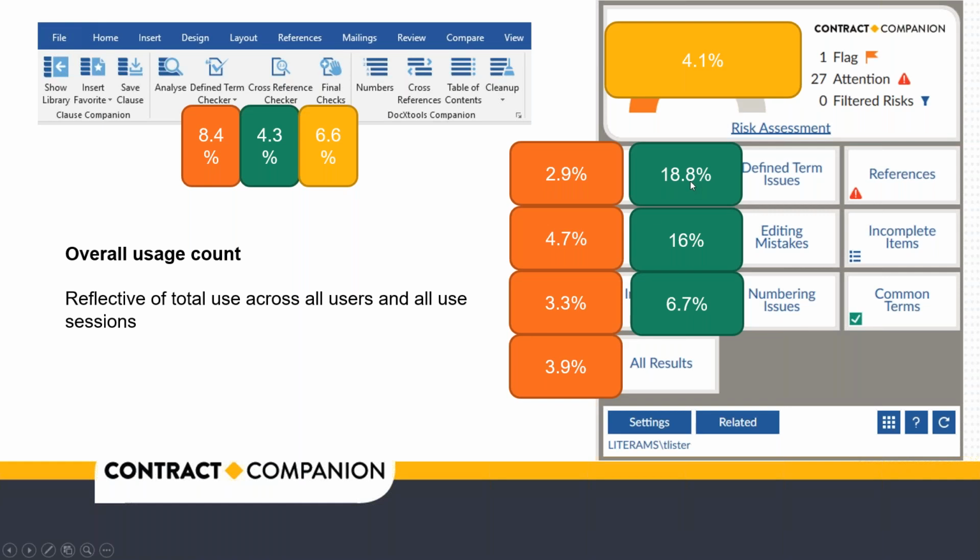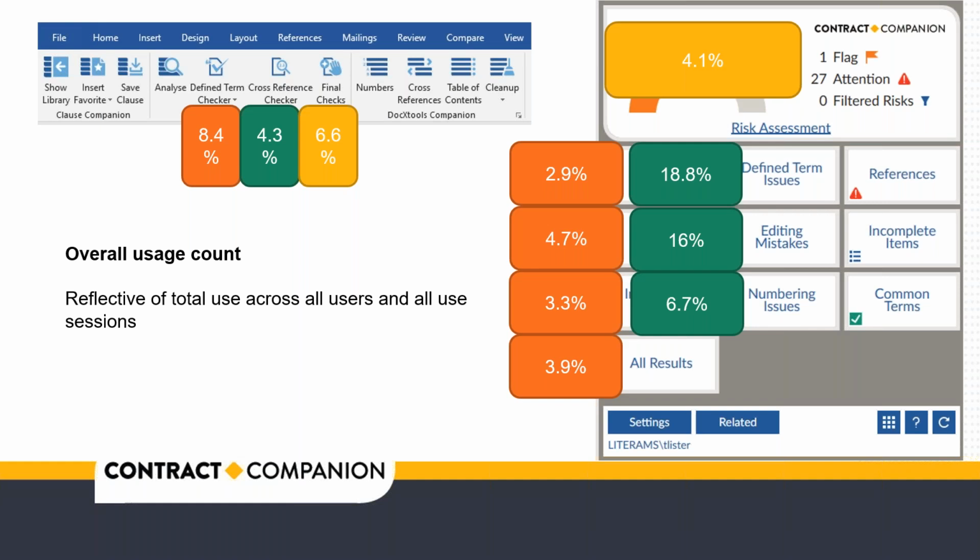And defined term issues, as I showed earlier, is aggregated into the defined term checker, but these values are completely separate. So 18.8% of use clicking this tile, and then adding to that, 8.4% of use is clicking this tile as well. So overall, that's above 25% of all use focuses on content which has defined term issues in that. That was something that we thought.